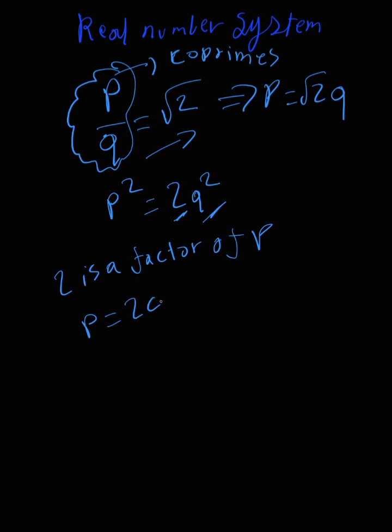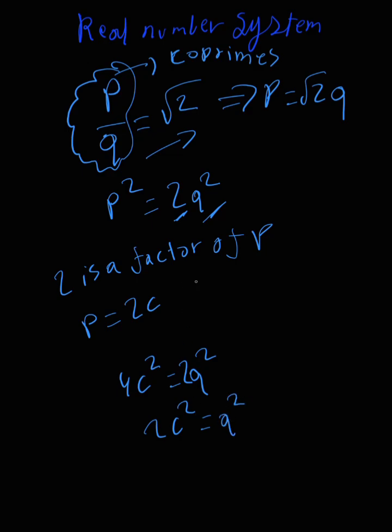Okay, c is some multiplying factor, because obviously, if it is divisible, when I divide p by 2, I will get some c. c can be anything, 1, 2, 3, anything. So that's that. And I will substitute this here. So what I will get here is 4c square is equal to 2q square, or I can say that 2c square is equal to q square.